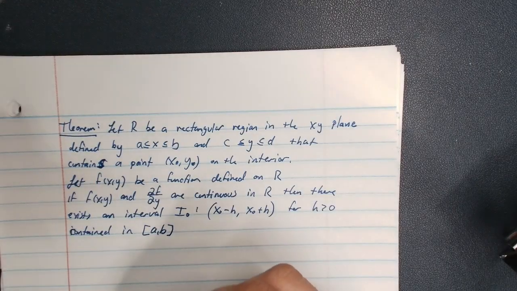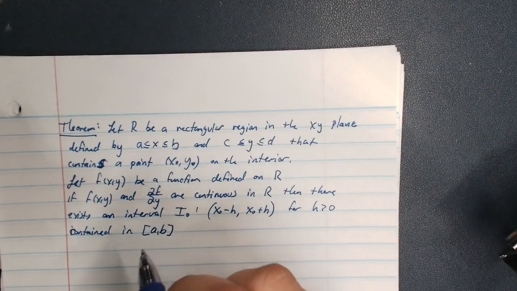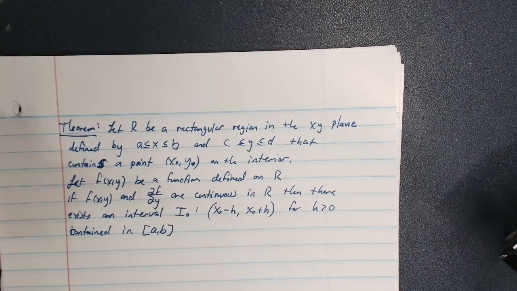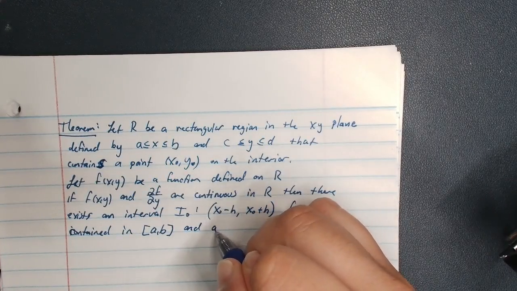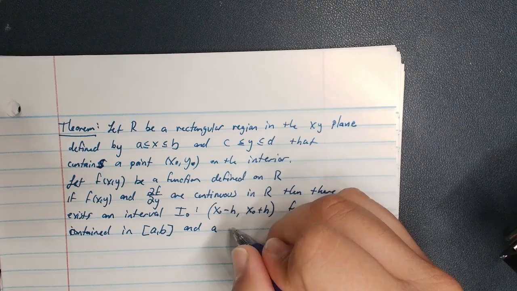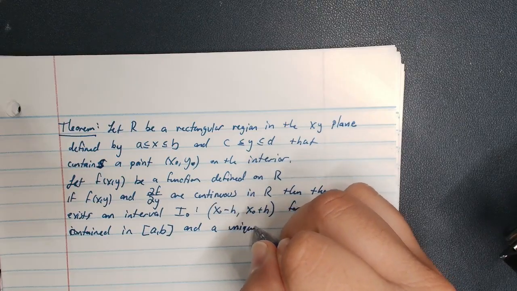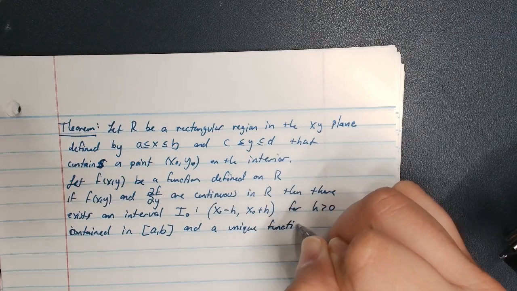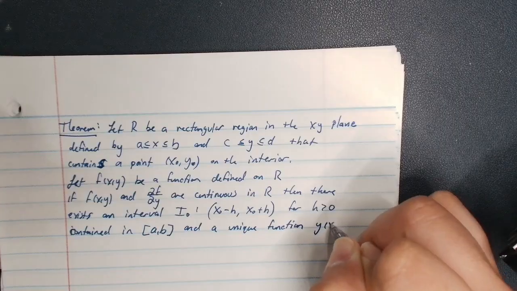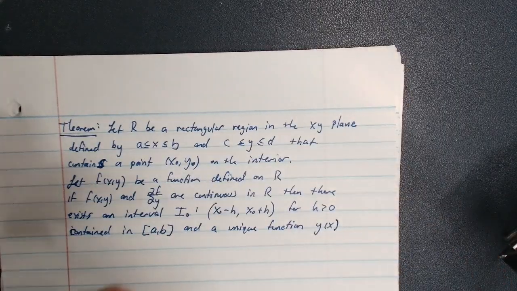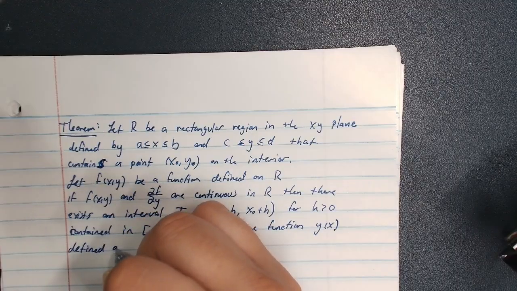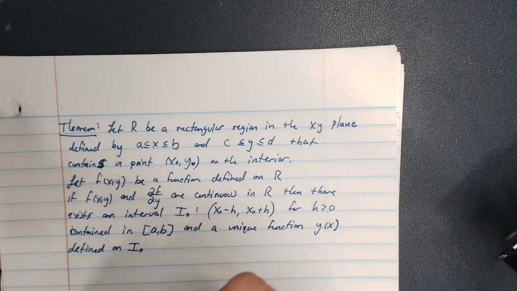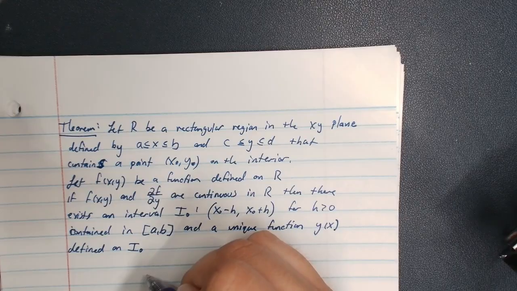And a unique function y. Then there exists a unique function y of x that is defined on that interval, that is a solution to the IVP.